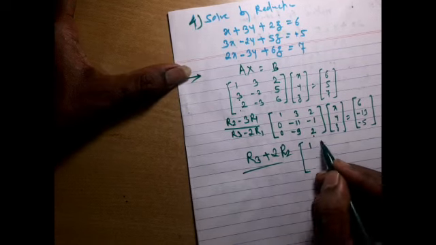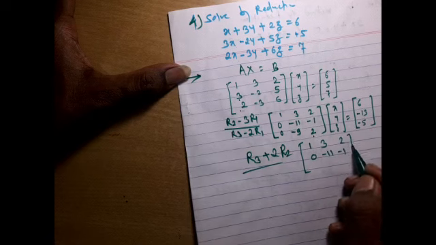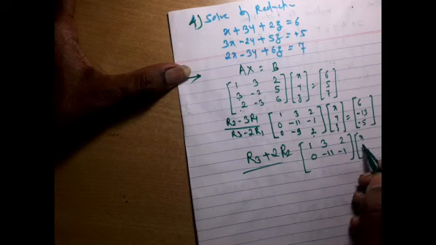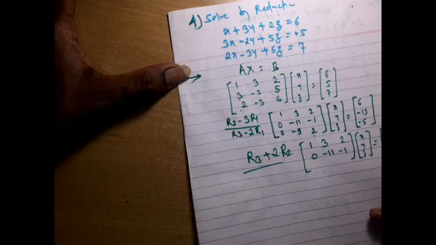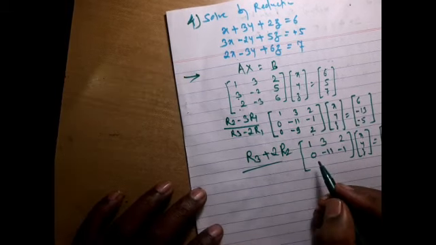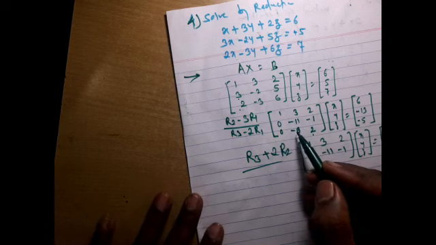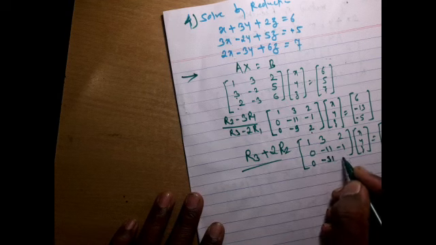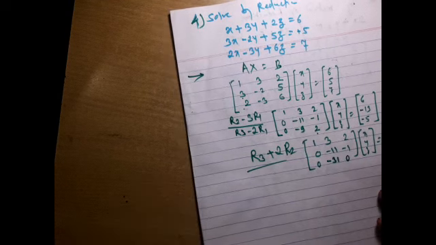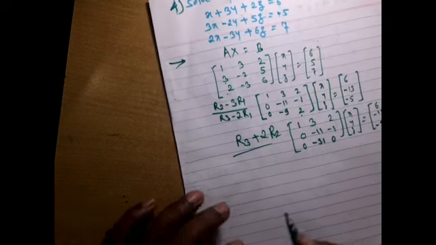Obviously the first two rows will remain the same. This matrix also remains the same. Here also the first two rows are as they are. Now it is 0, so no problem. 11 2s are 22 plus 9 is minus 31, and this will be 0, and it is also minus 31.